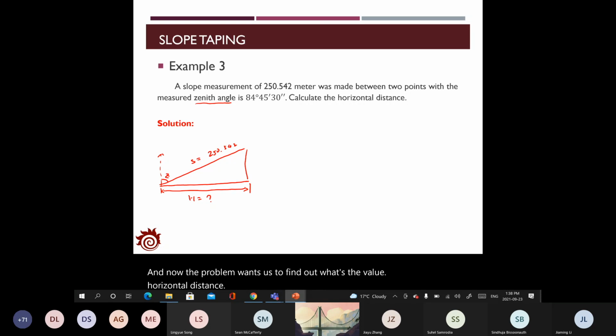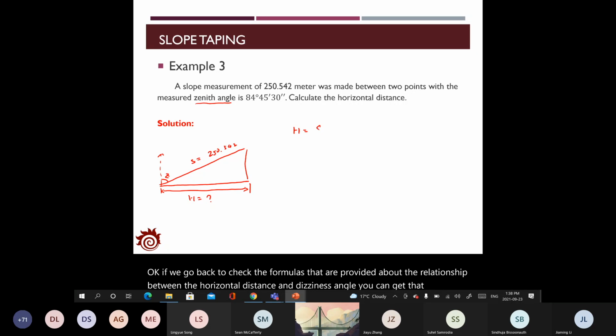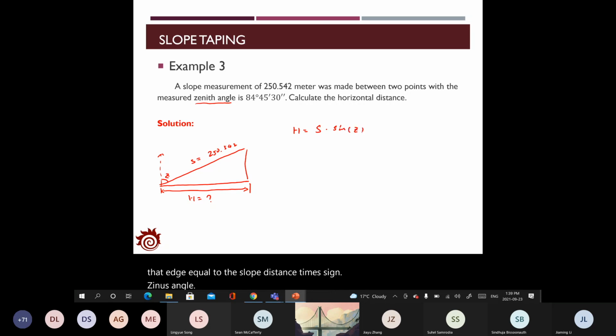If we go back to check the formulas that we provided about the relationship between the horizontal distance and the zenith angle, you can get that h equals the slope distance times sine of the zenith angle. So this is different.